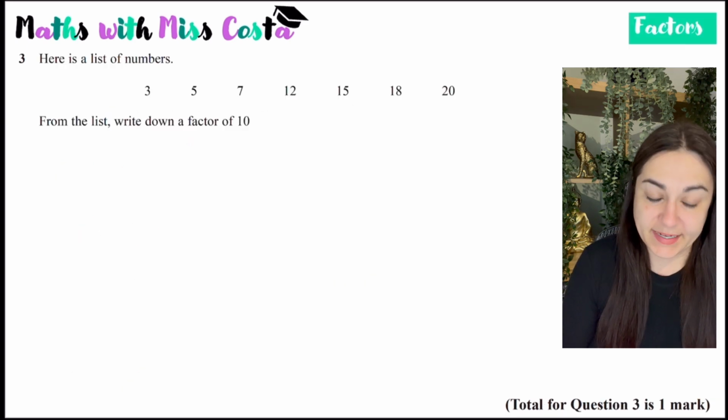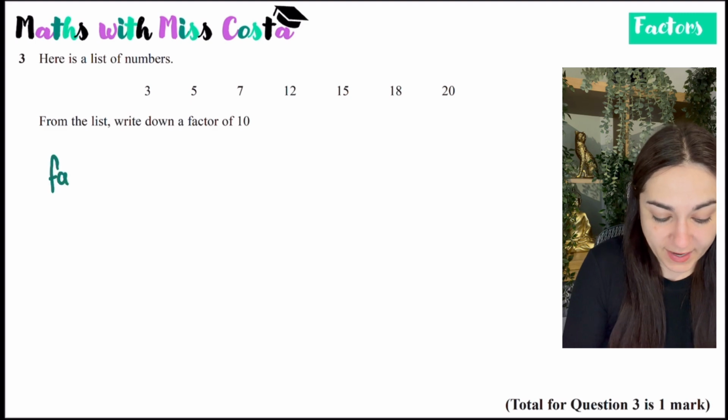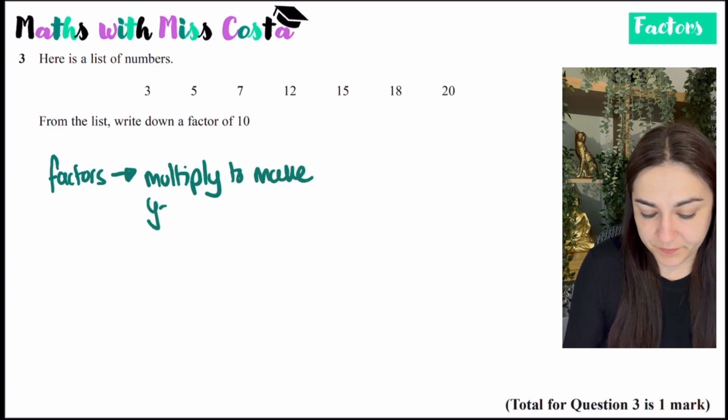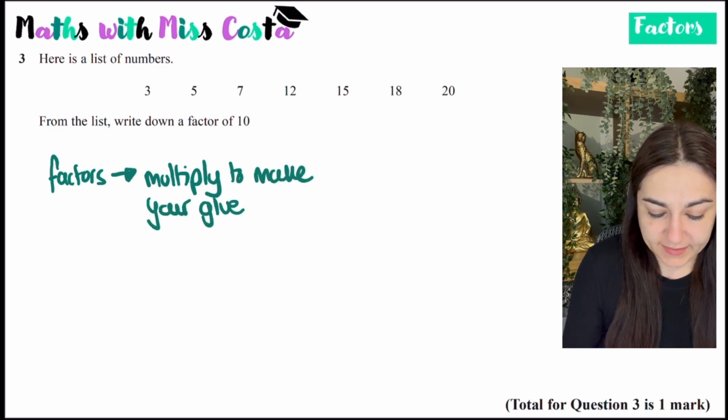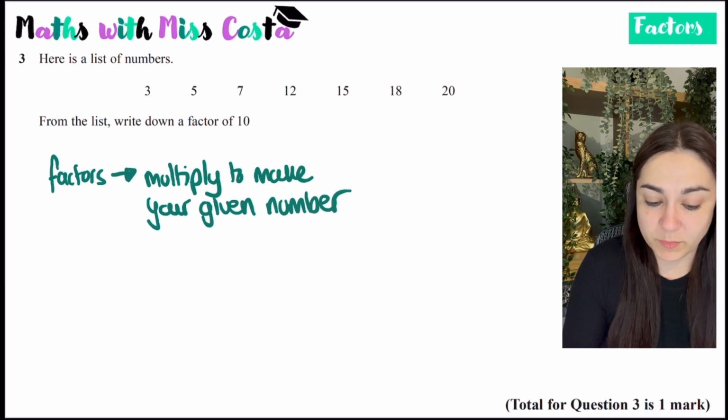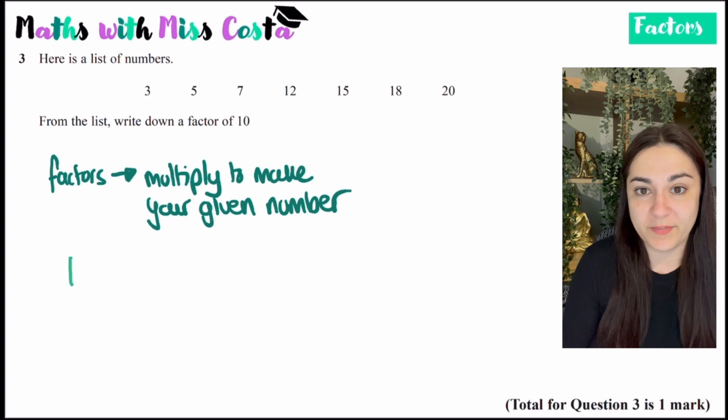Next, I need to write down a factor of 10. So factors are numbers that multiply to make your given number. So for instance, the factors of 10 would be numbers that multiply together to make 10. Normally they come in factor pairs.